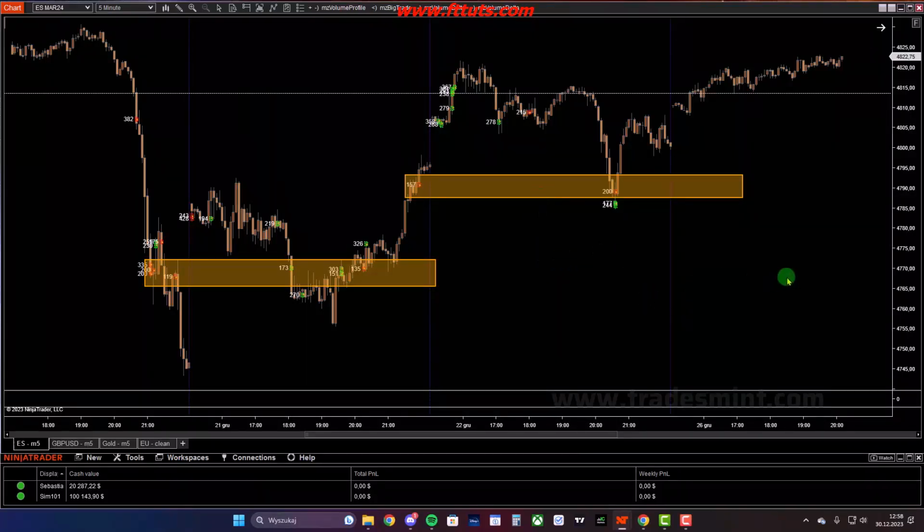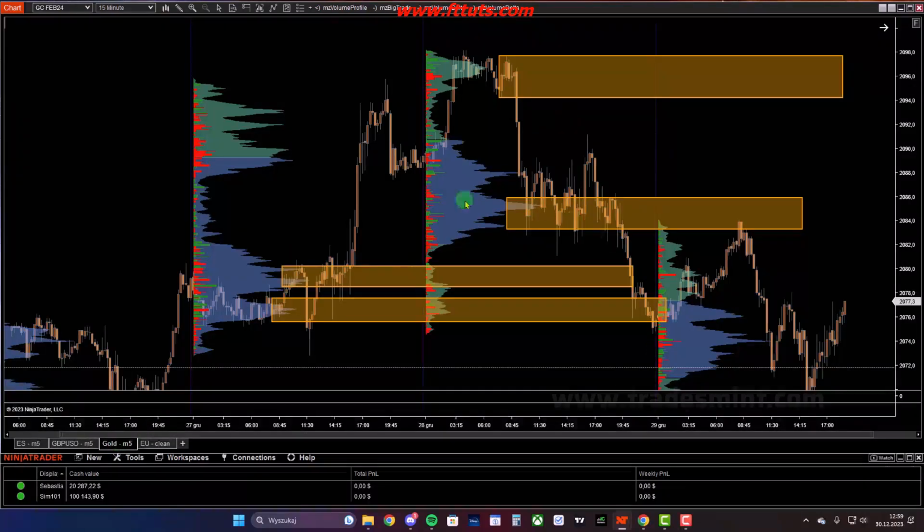So these are the 5 ways of marking the zones. This is really the strongest. This one honestly can give you a lot of confusion, but I hope that after some time it will be really helpful for you when you see live that a big order is placed.